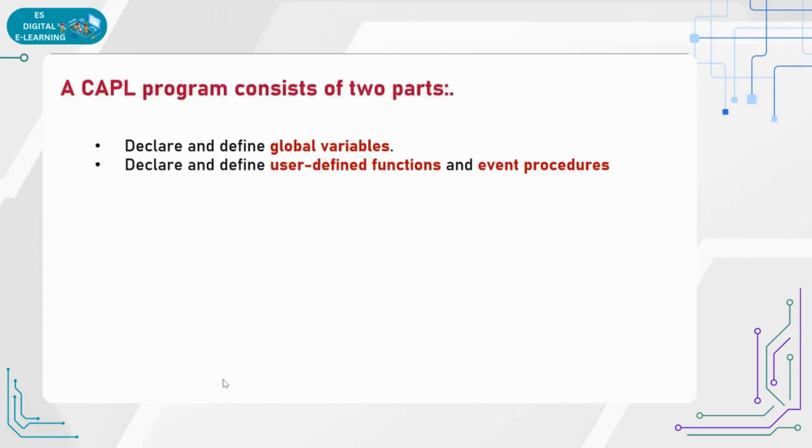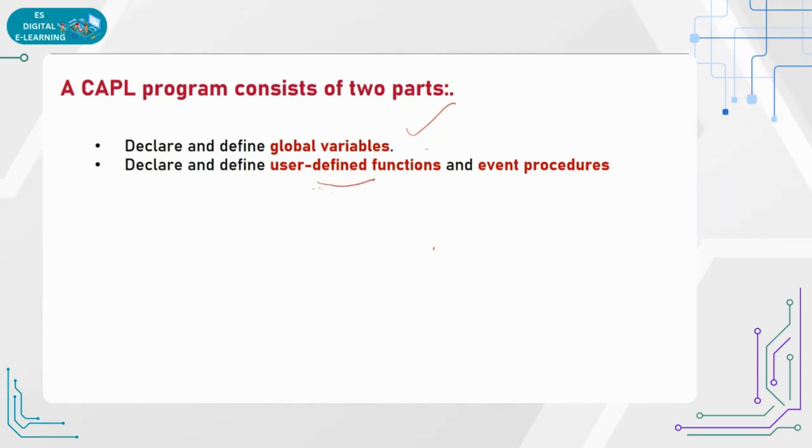Now the CAPL program, whatever programming we are writing, is defined in two ways: global variables and local variables. What is a global variable? Whatever we are declaring, defining and initializing in the global variables, we are able to access through the program. And whatever user defined functions, we can program based on our requirement.